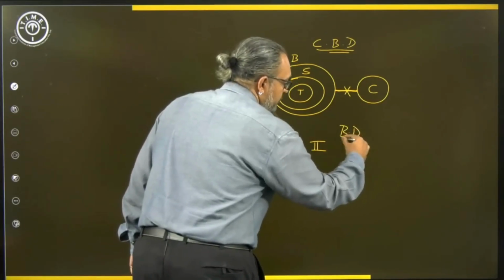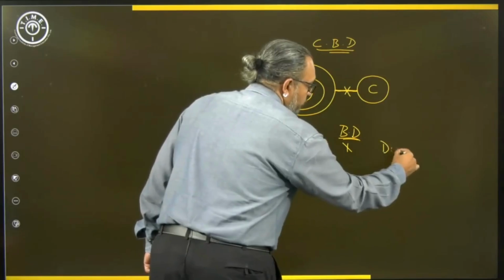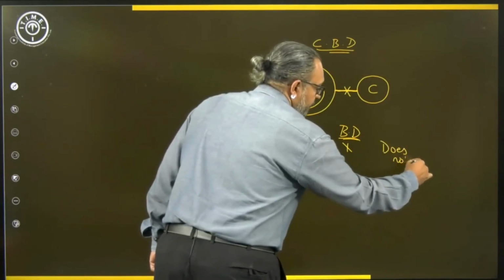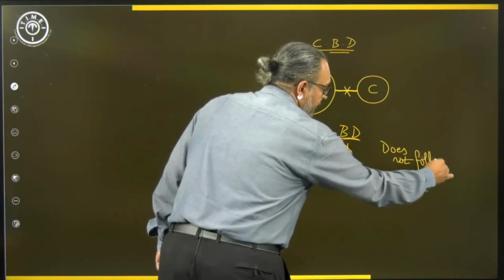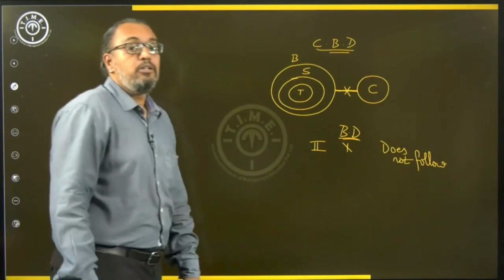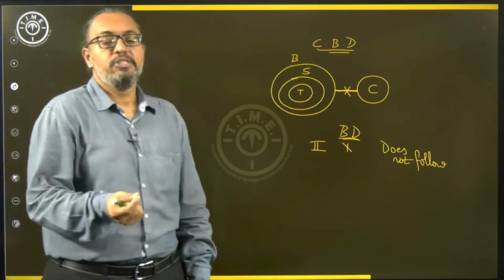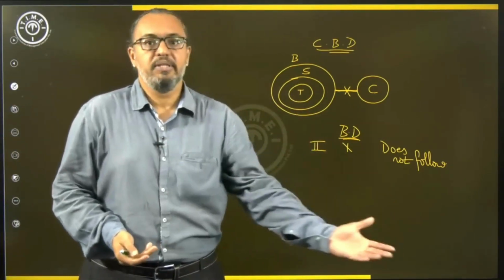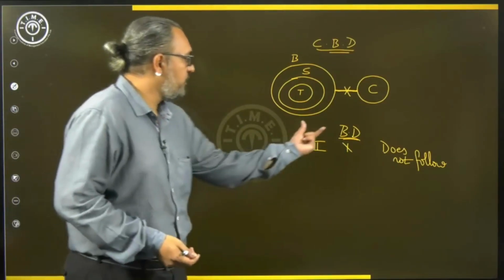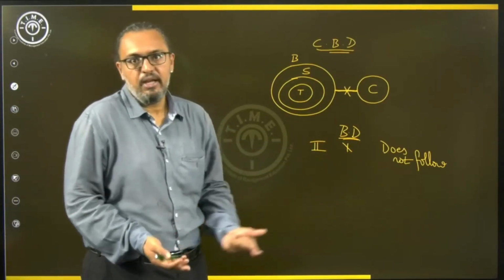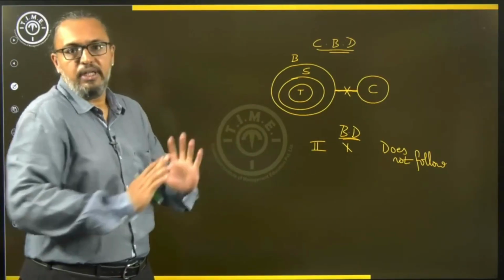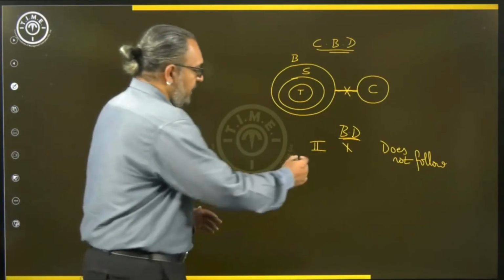The basic diagram is failing. So, you will say does not follow. Because a conclusion is said to follow your statements if it satisfies all the representations of the diagram. So, one of the representations, the basic representation has failed. So, it will never be your answer, correct?